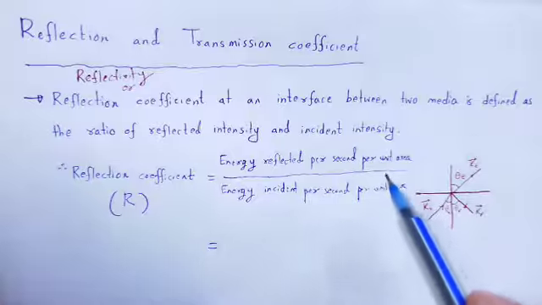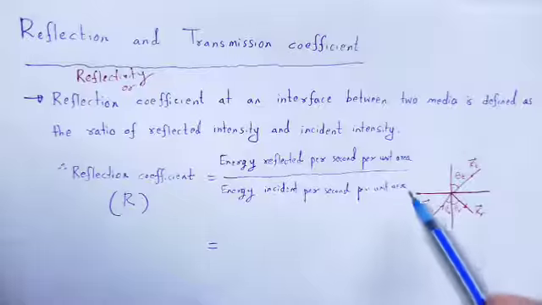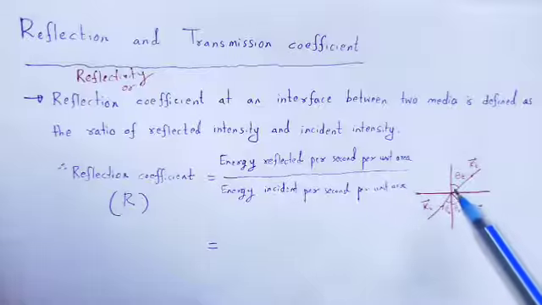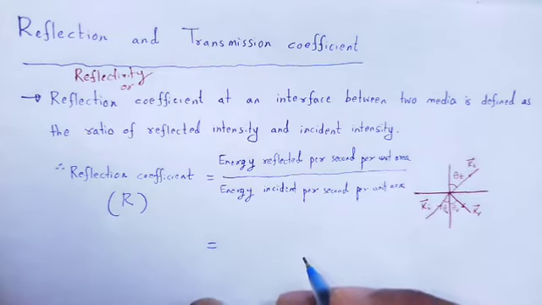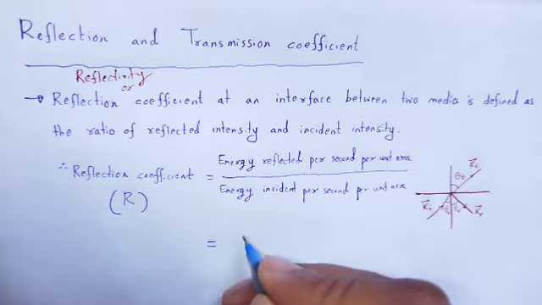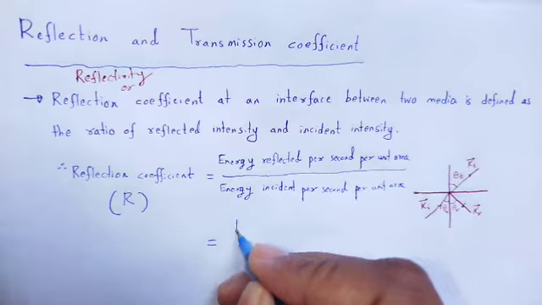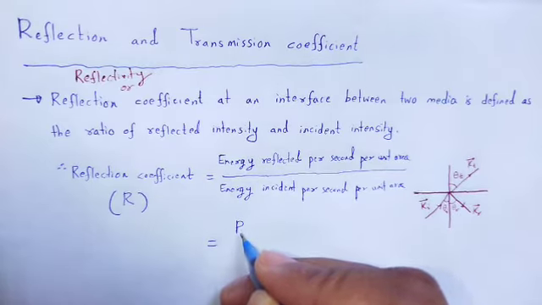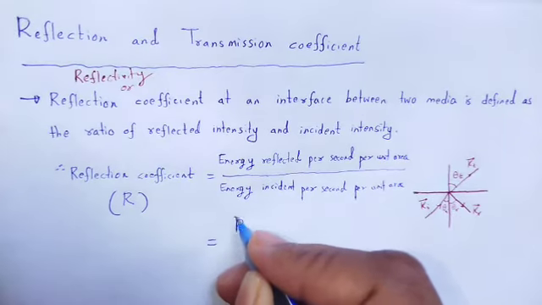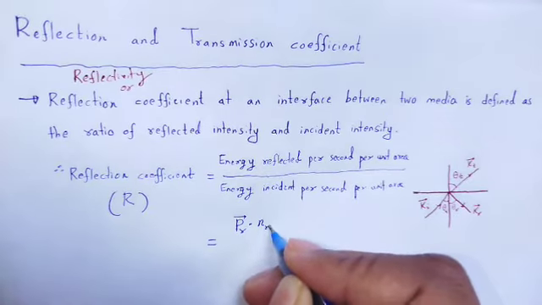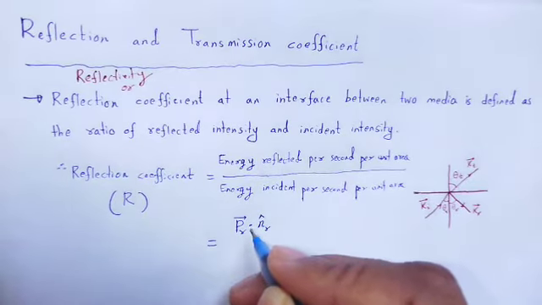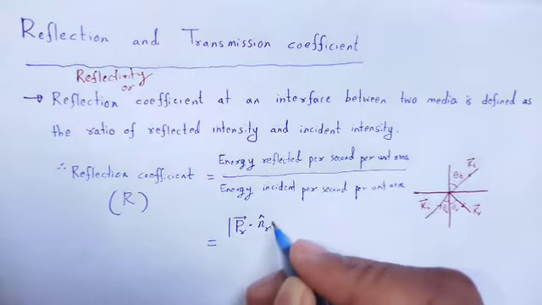In Poynting vector form, energy reflected per second per unit area is written as P r vector dot n r cap, its magnitude.